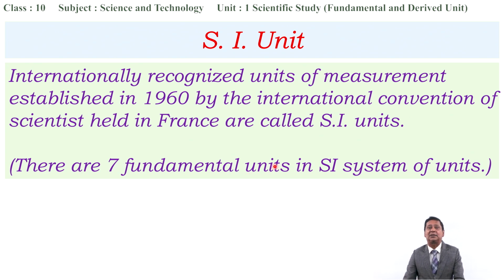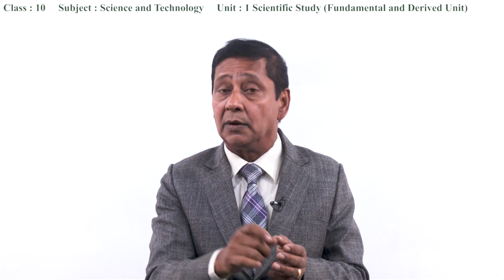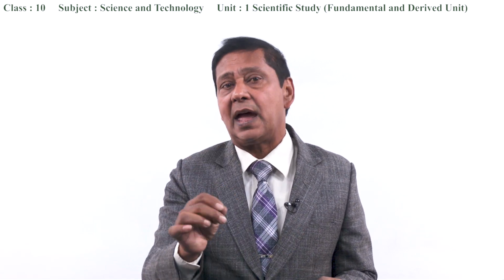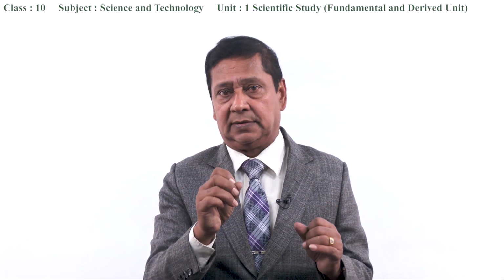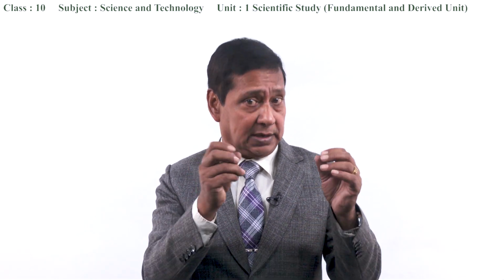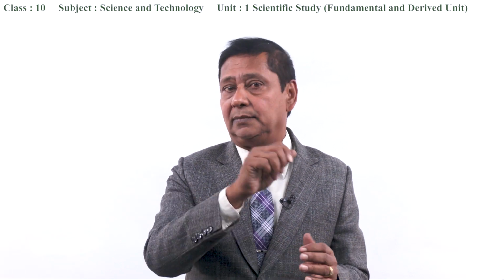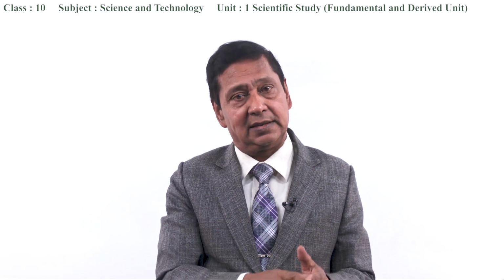Okay, now it's time to talk about fundamental units and derived units, but before that, there is another term: fundamental physical quantity and derived physical quantity. First, I want to tell you about physical quantities, fundamental and derived, and then we'll go through fundamental units and derived units.